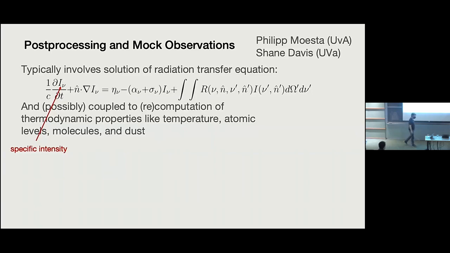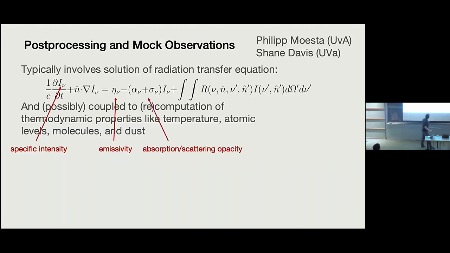On the right-hand side, for the sources and sinks, we have an emissivity, which is generally a function of frequency. It's also generally a function of temperature and density in the simplest case, but it can also be a function of dust properties, atomic levels, ionization states, and all these complicated variables.